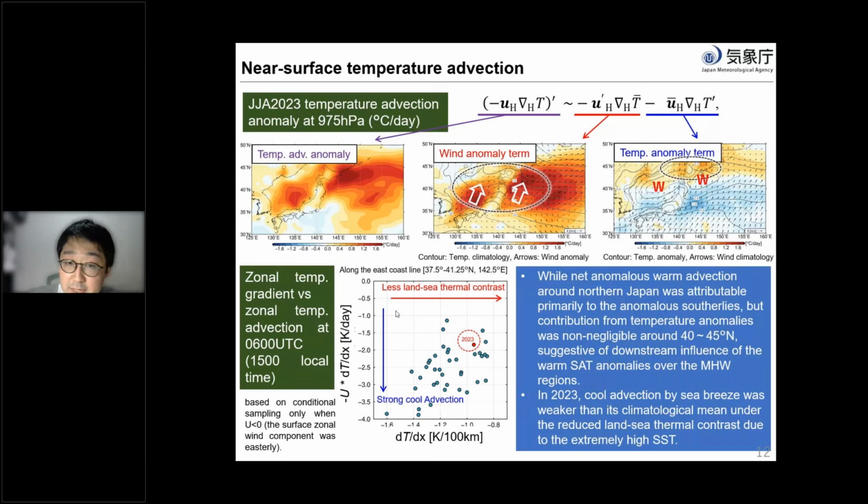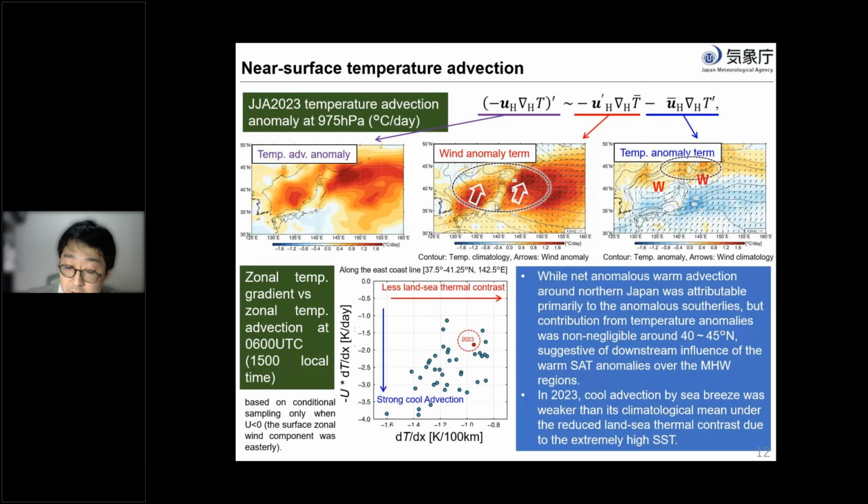While the net anomalous warm advection around northern Japan was primarily attributable to the anomalous southerly winds, contributions from temperature anomalies were not negligible around 40 to 45 degrees north, which suggests a downstream influence of the warm SAT anomalies over the marine heat wave in the OEJ region.